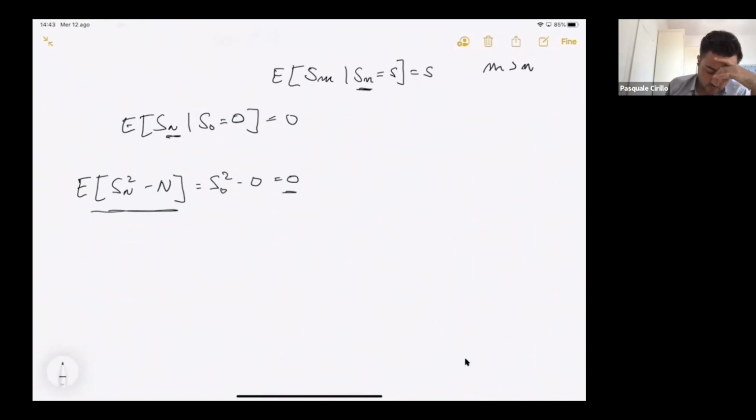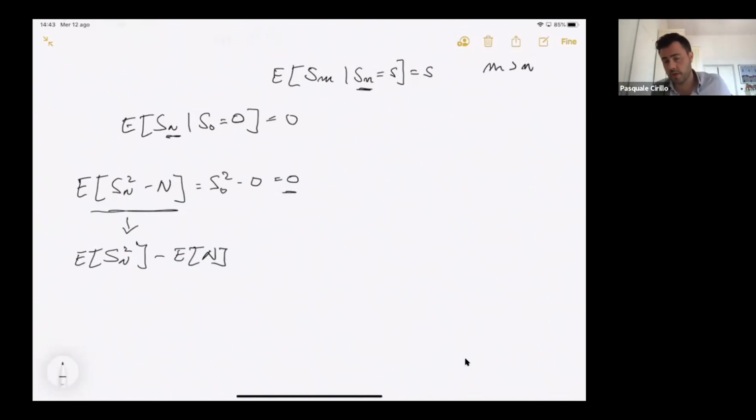Because this expectation can be written as the expectation of Sn squared minus the expectation of n, where n is a random quantity: the random time at which I will exit from one of the two ends of the bridge.